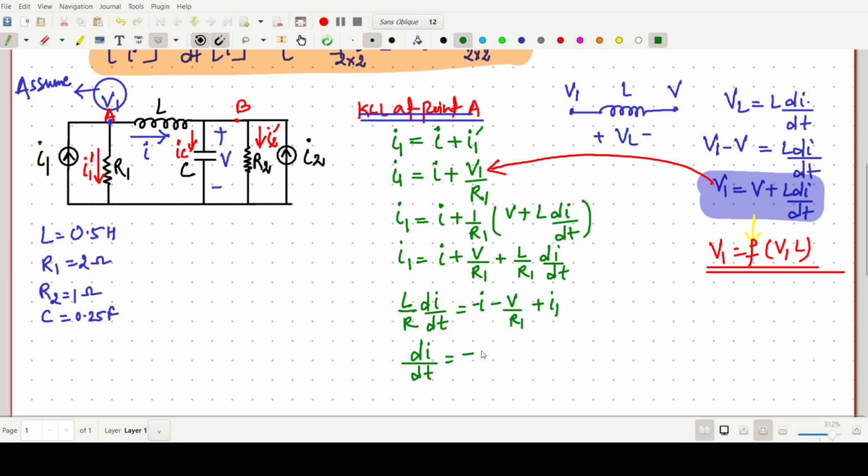It should be written as minus R by L I minus V by L plus R1 by L I1.